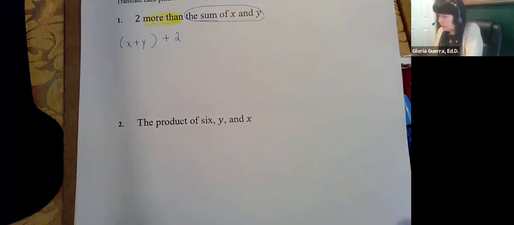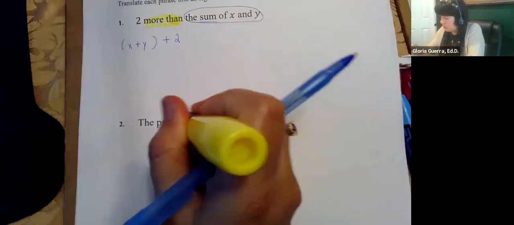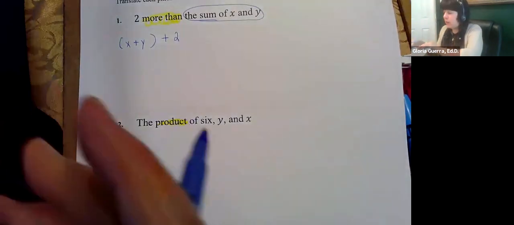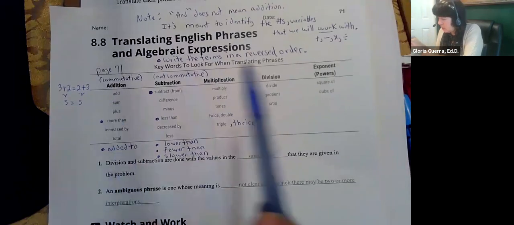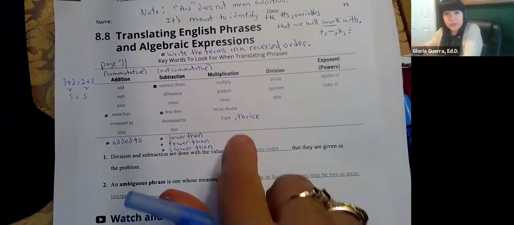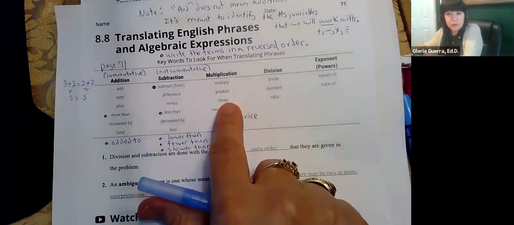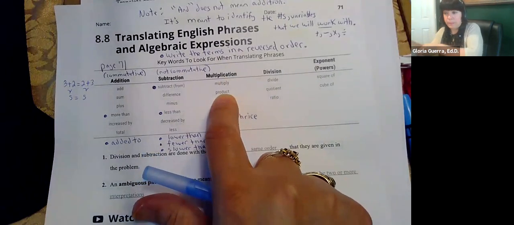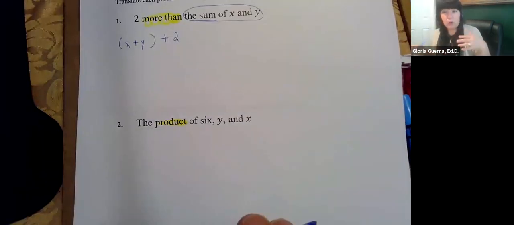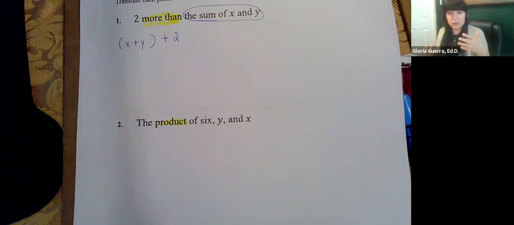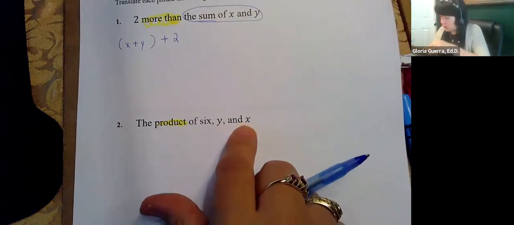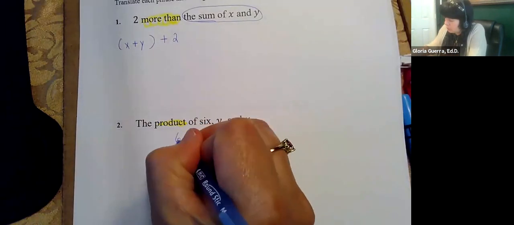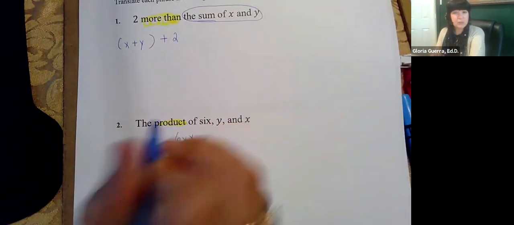Okay, number 2, product. Keyword is product. So go to my vocabulary. Just remember, you can use this sheet when we're taking our test. Product is under multiplication. And see, product needs to multiply. See that? So what are we multiplying? A whole bunch of numbers and letters. Looks like 6yx. So you could literally just do that, just like that.